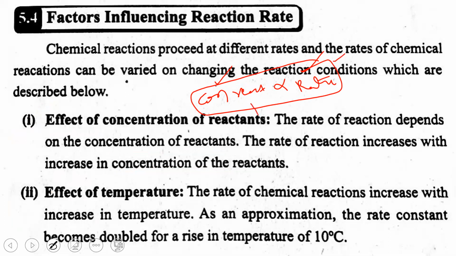If you decrease the concentration of the reactants, automatically the rate of the reaction decreases. So that is why you can write the formula for the effect of concentration of reactants: concentration is directly proportional to the rate.